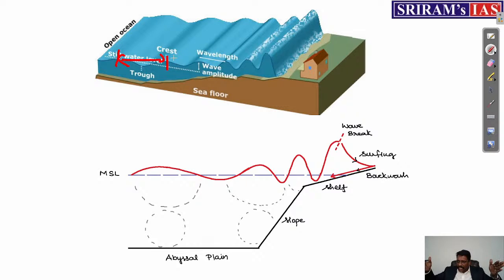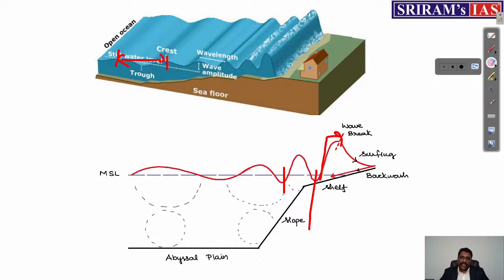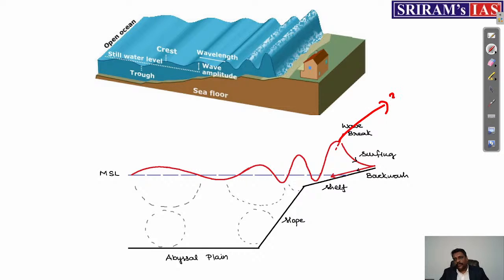But as it moves towards the coast, this wave completely gets altered. Wavelength becomes less, wave height becomes more. When it strikes the coast, my dear friends, it may rise to somewhere around 30 to 50 meters, sometimes beyond. 30 meters is about 100 feet, and 50 meters is somewhere around 167 feet.